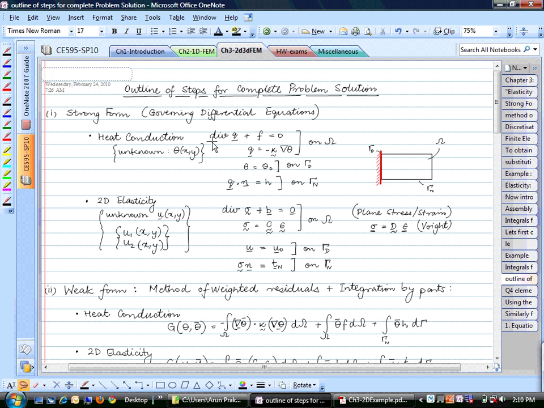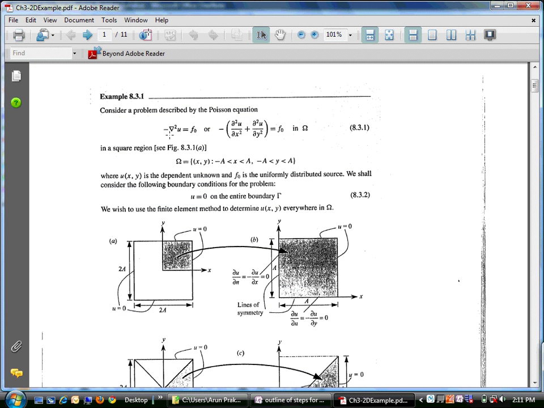You would get this equation back. So this is the same equation that we are solving in this example. This Poisson equation is the exact same problem that we are solving in this case.